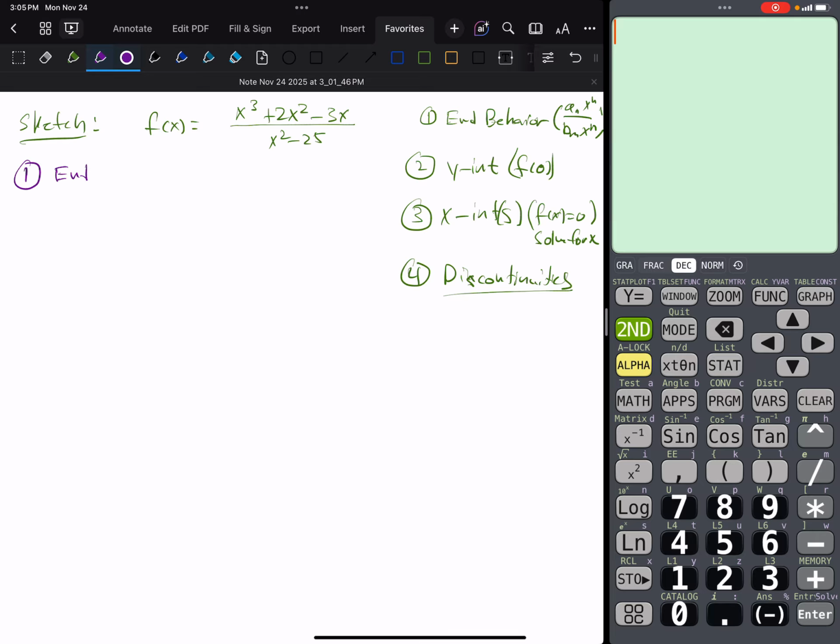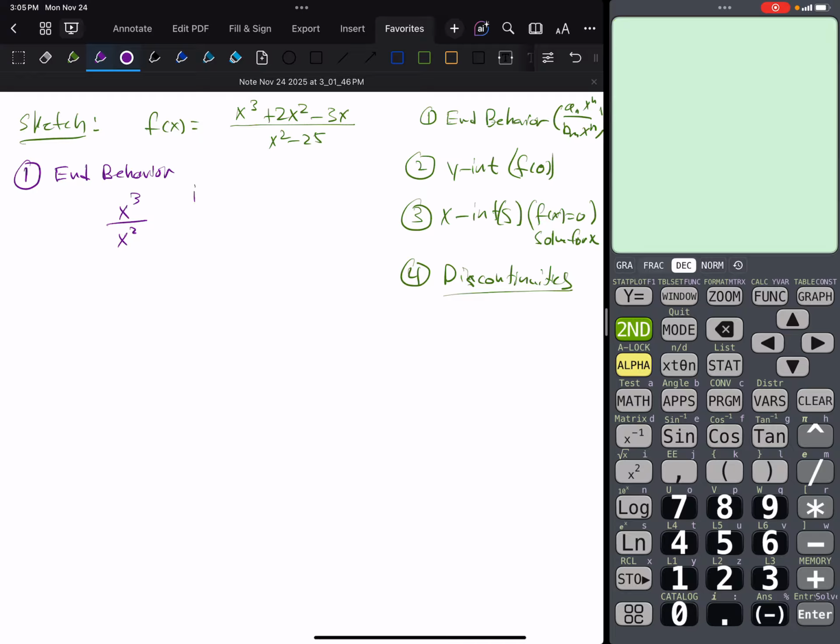So end behavior. And for it, I'm looking at the ratio of the leading terms. So the leading term of the numerator is just x cubed, and the denominator is just x squared. And so this one's relatively straightforward. Now, what did we say?